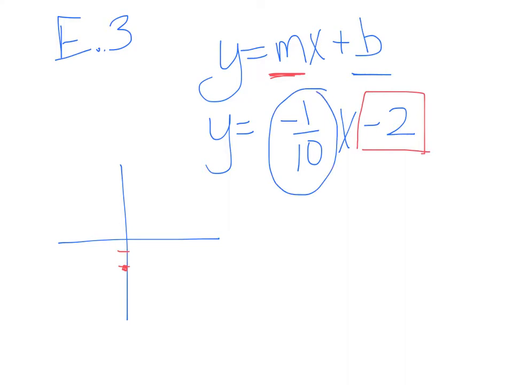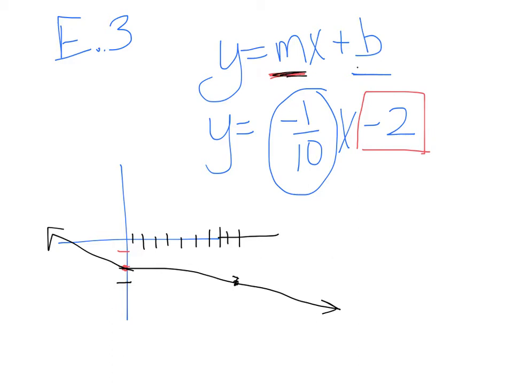So I'm going to go down 1 for the -1. And then I'm going to go across 10: 1, 2, 3, 4, 5, 6, 7, 8, 9, 10, and put a point there. And then connect these two dots. A little better than that, but that's what I can do with my marker. Okay, so that is pretty easy to graph in slope-intercept.